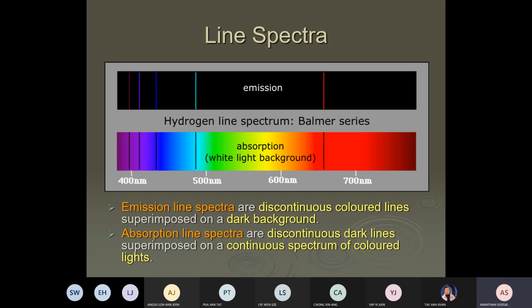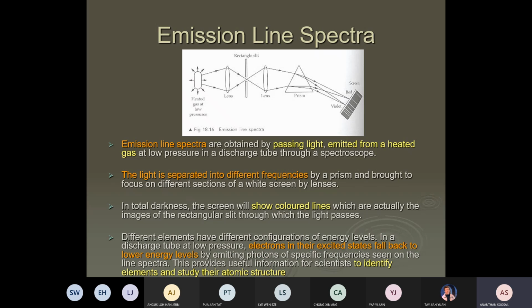When the electron goes down, it's called an emission line spectrum, emitting a photon. And the absorption spectrum shows the wavelengths the electron absorbs when it goes up. Okay, how did they get this outcome? What does the setup look like? So this is the setup.